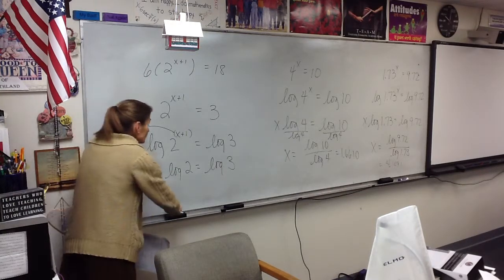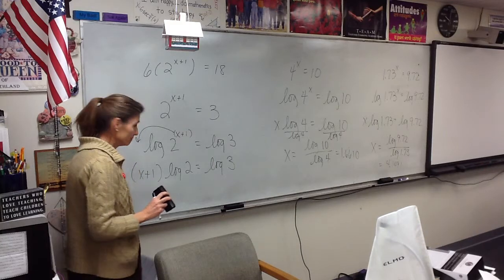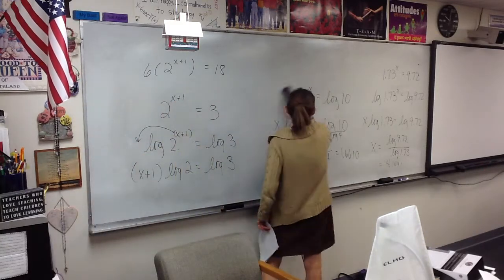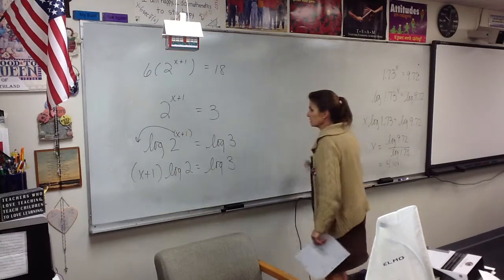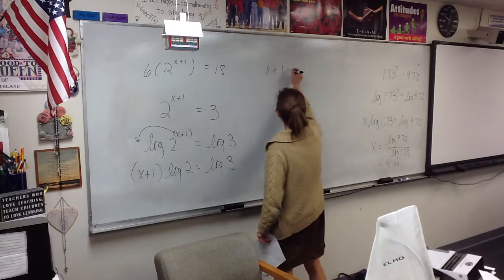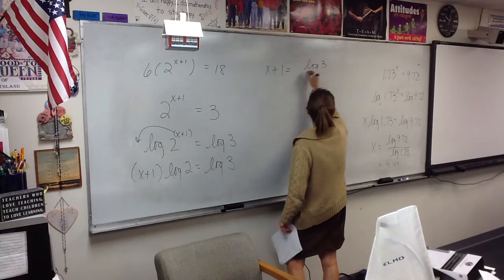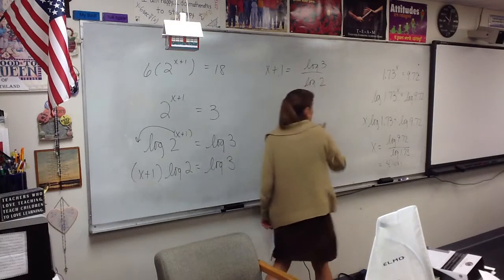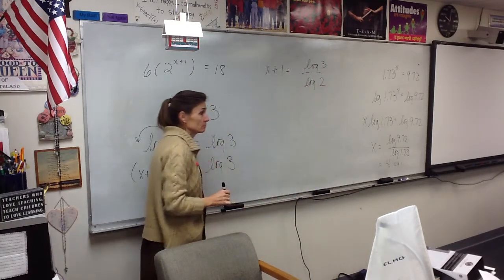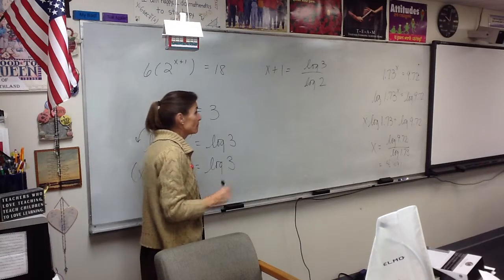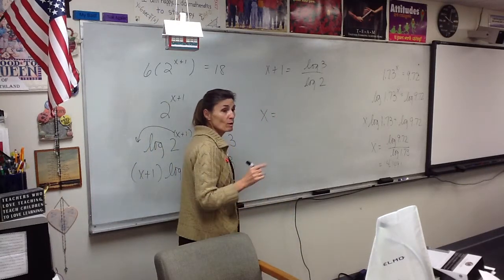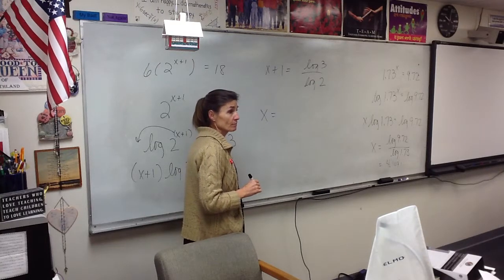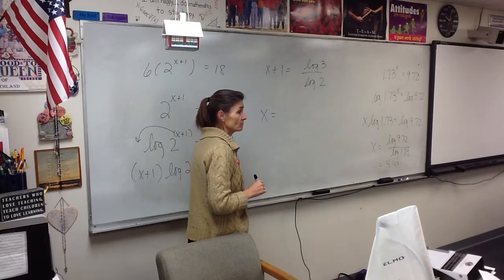Now, can I still divide by log 2? Mm-hmm. But it won't be x equals that. It will be x plus 1 equals that. So x plus 1 equals log 3 over log 2. But remember, you're solving for x, so you're going to have one extra step. What are we going to have to do?